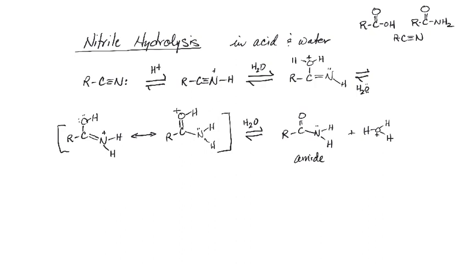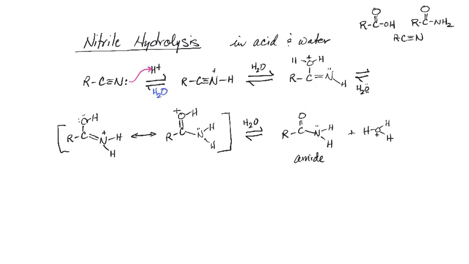So the first step of hydrolysis of a nitrile will be that the nitrogen will pick up an acid. The nitrogen of the nitrile will pick up a proton. We're in the presence of water. Water is also here.